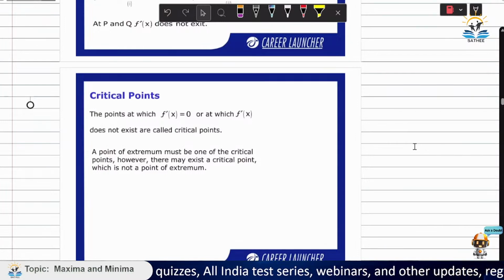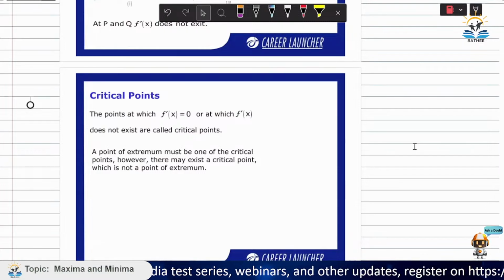However, there may exist a critical point which is not a point of extremum. Yeah, this is very true.